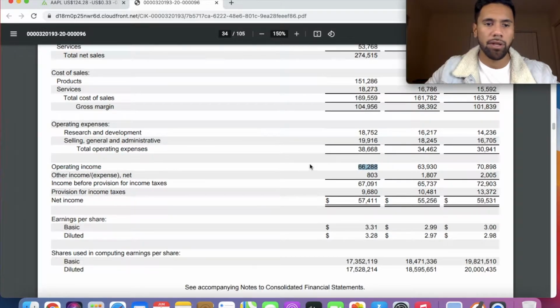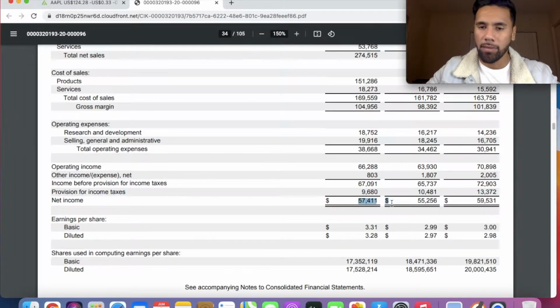If you see EBIT around a lot, EBIT is basically earnings before subtracting interest and taxes. Right below your operating income, you'll see income expenses, income before provision for income taxes, and provision for income taxes. Once that all gets deducted, you'll then come down to your net income.